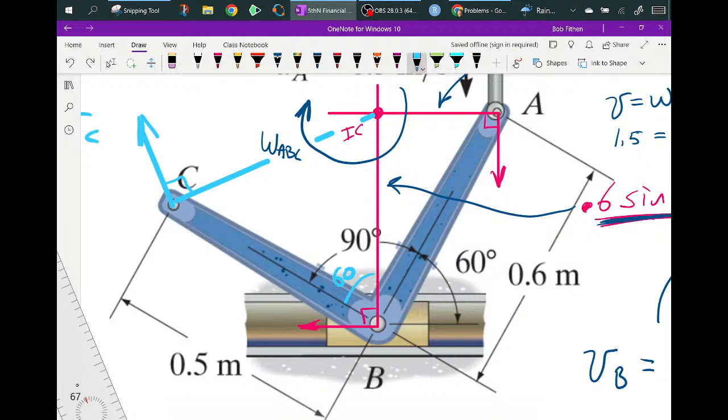Well, let's see. I know that's 60. Let's see. I know this distance. I could actually draw a vector from B to C, and in that vector from B to C, I could figure out and subtract those two.